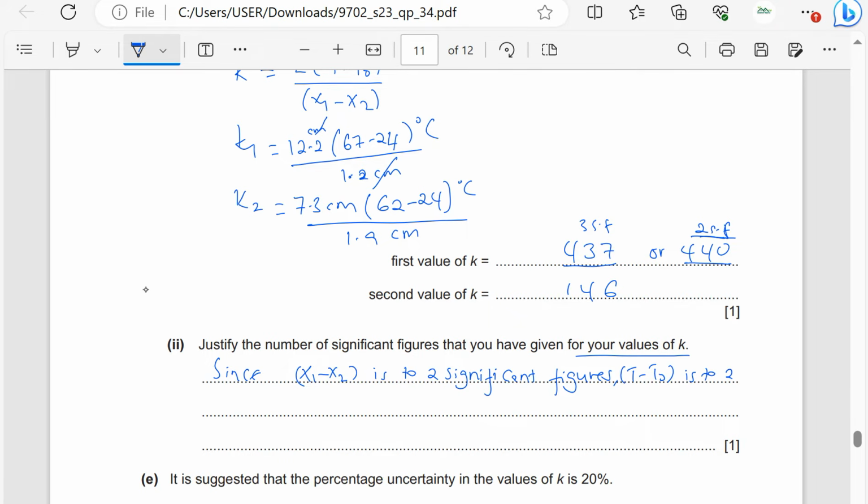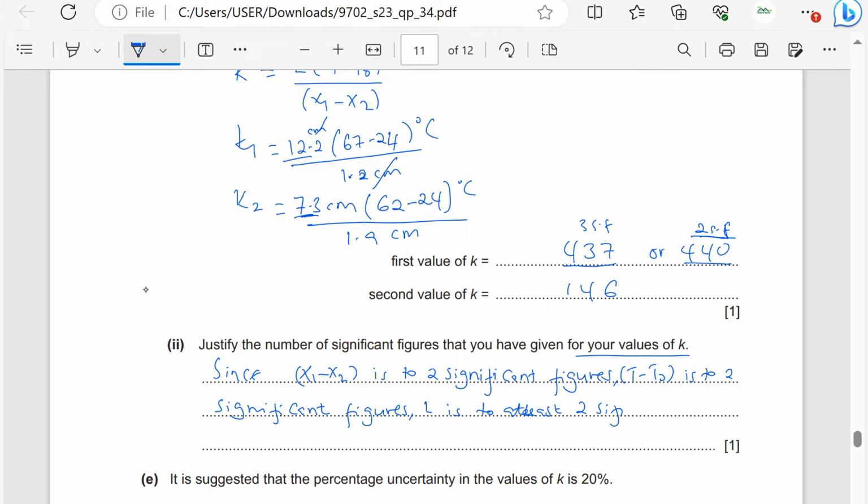and L is to at least 2 significant figures. I'm saying 2 significant figures because this is 2, the other one is 3.